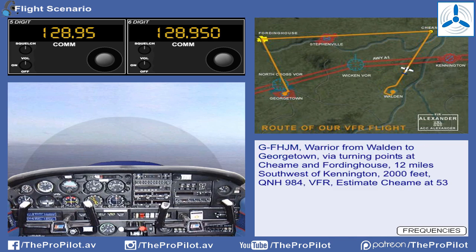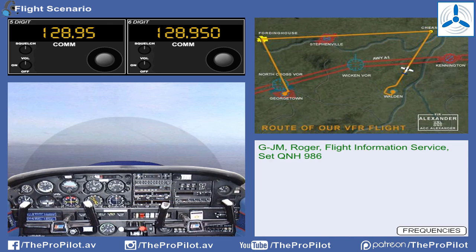Golf Foxtrot Hotel Juliet Mike, Warrior from Walden to Georgetown via turning points at Cheam and Fording House, 12 miles southwest of Kennington, 2,000 feet, QNH 908 FOA, VFR, estimate Cheam at Fife Tree. Golf Juliet Mike, roger, Flight Information Service, set QNH 986. Flight Information Service, QNH 986 set, Golf Juliet Mike. Golf Juliet Mike, report at Cheam. Wilco, Golf Juliet Mike.